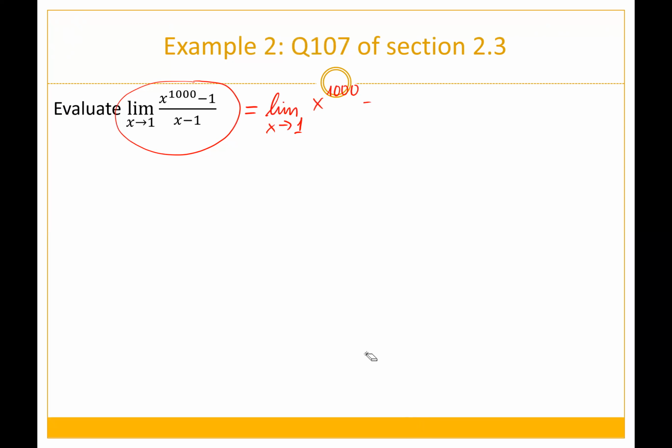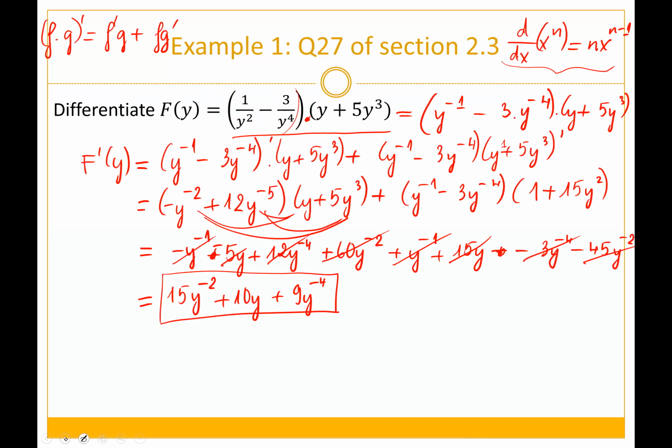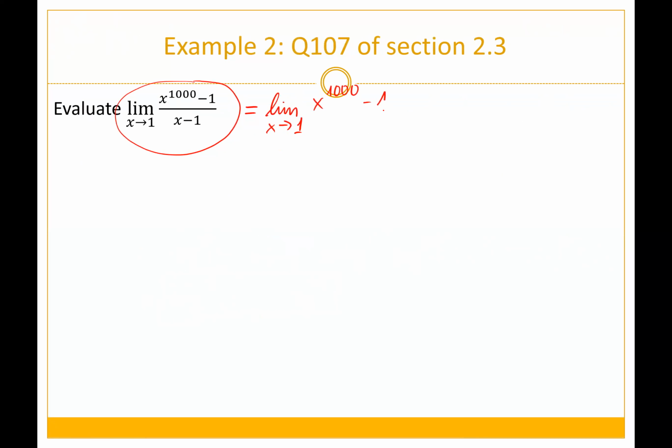It's going to equal the limit of x approaching 1 of x to the 1000 minus 1 to the 1000 over x minus 1, because 1 to the 1000 is equal to 1. So what I did is just rewrite the function.